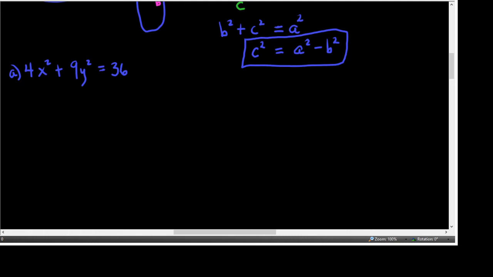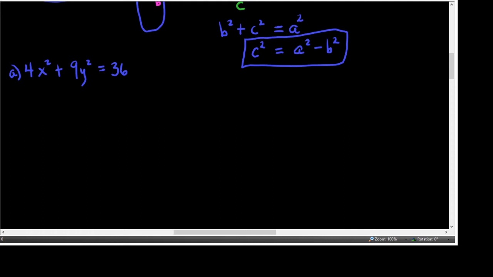All right, so the very first thing I would do with this equation is I would realize that it's an ellipse. You can tell that, by the way. Let me think about this with you for a second. For a circle, the coefficients of x squared and y squared were the same number. For a parabola, only x was squared or only y was squared and the other variable was not squared.